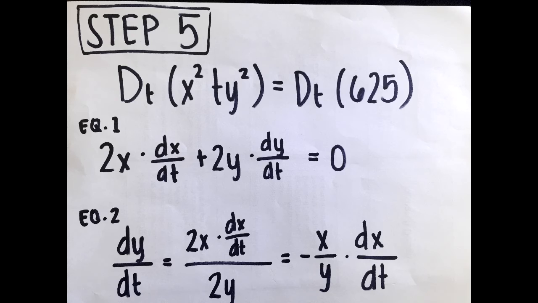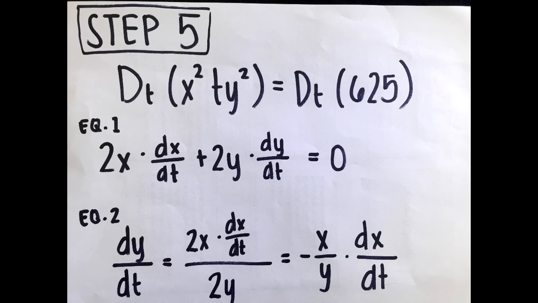Step 5. Differentiate both sides of the equation in step 4 with respect to time. d/dt of the quantity x squared plus y squared equals d/dt of the quantity 625. 2x times dx over dt plus 2y times dy over dt equals 0. That is equation 1.